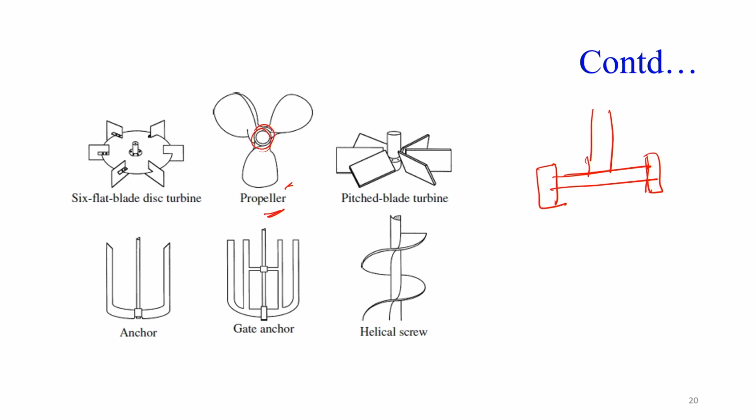And next is the turbine. This is your shaft, you are going to have another plate, and there you can have multiple blades. So you are going to have another circular pathway, for example a 6 flat blade disc turbine, or a pitched blade turbine.